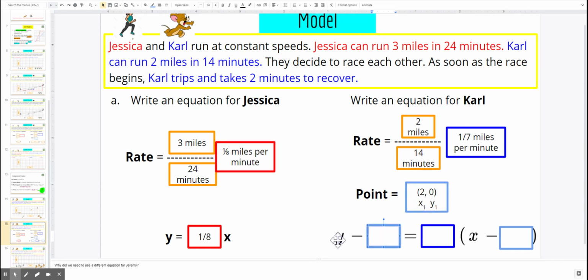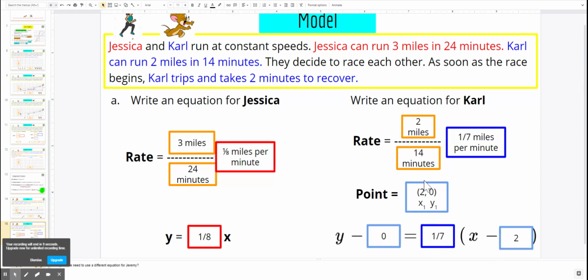So I'm going to do y minus y1, which is 0, equals m, which is our rate, 1/7, times x minus x1, which is 2. Tricky part here, the x and the y kind of switch, so they don't go in the same order. You've got to flip them. So my final equation here is y minus 0. Well, I don't always write minus 0. We probably could write this as just y equals 1/7 x minus 2.